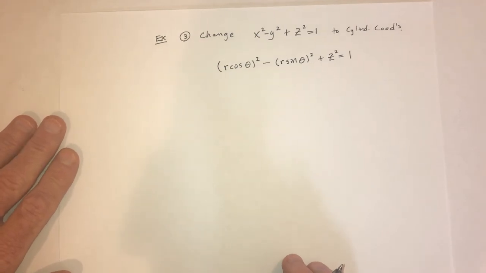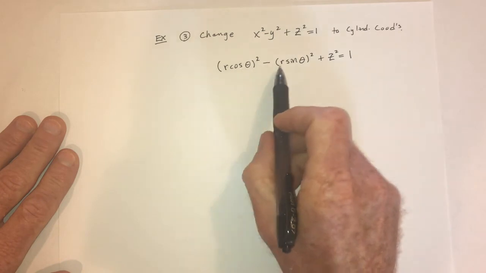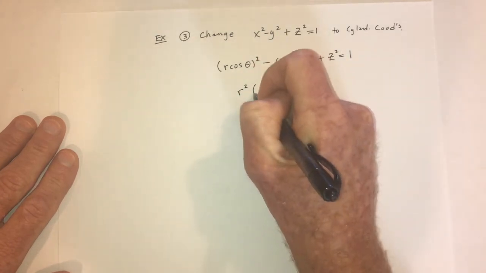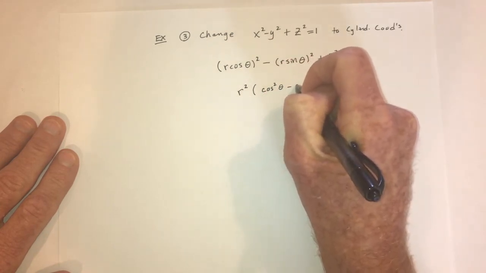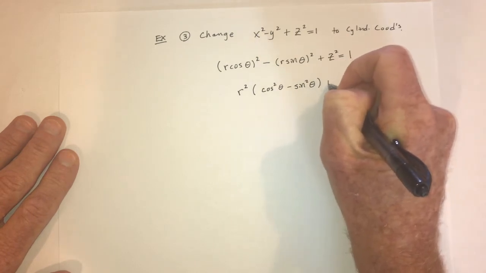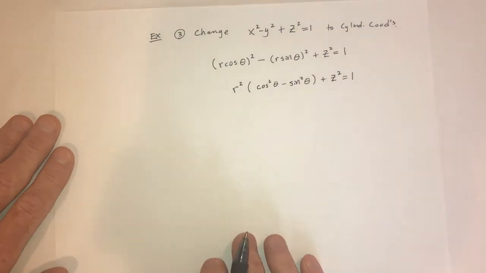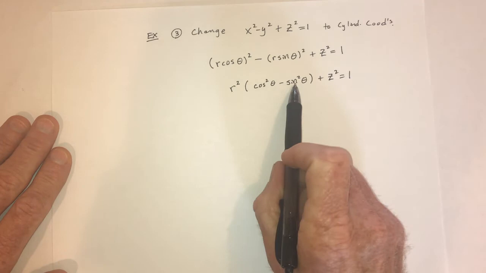And then let's see if we could simplify this. So this is going to have r squared, and this is going to have r squared. So you could factor out r squared, and then it would leave behind cosine squared minus sine squared. And then I could simplify that even a little bit, because there's a trig identity for that.